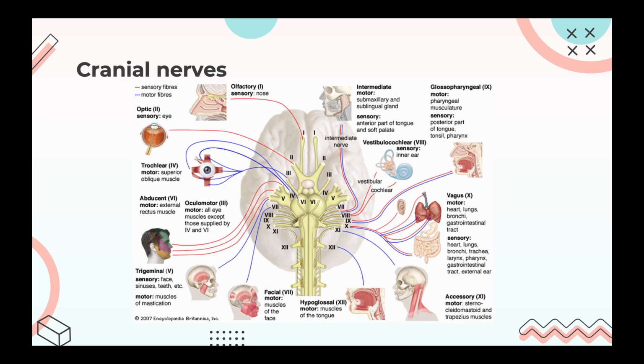Then we have the trochlear nerve, which is nerve 4, and it controls a couple of important eye muscles as well, although few, which is the superior oblique muscle. Then there's the fifth cranial nerve, which is the trigeminal nerve, which you can see down here. And the trigeminal nerve has some sensory functions and also some motor functions. So the sensory functions are sensation of the face and the teeth and oral cavity mainly.